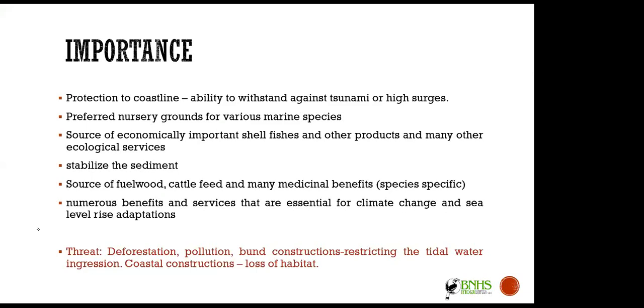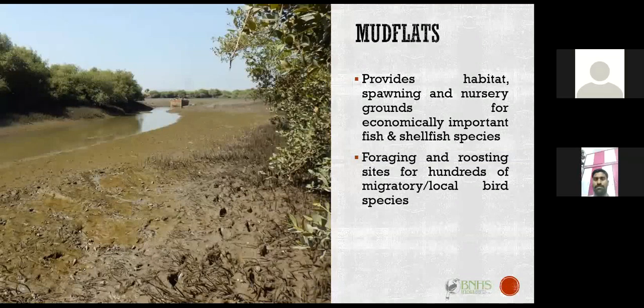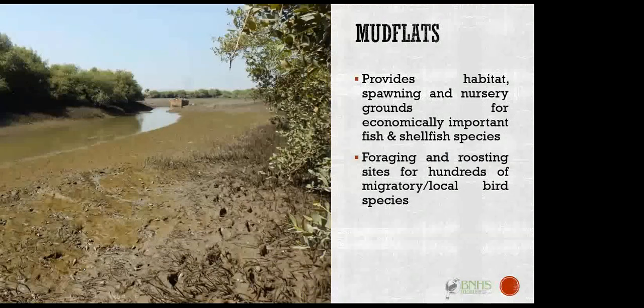Mudflat. If you see these habitats, we feel that these are dirty places, but these coastal mudflats are important spawning and nursery grounds for very important species. Keystone species are again the shellfish species.